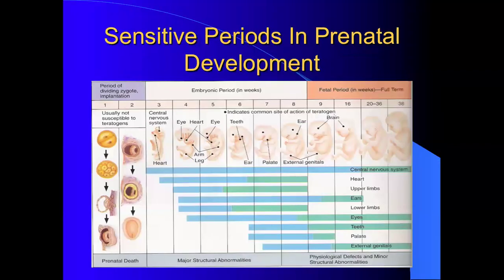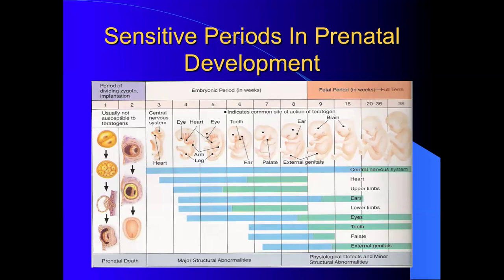So it's important to talk about when teratogens have their most pronounced effects, right? The most pronounced effects for teratogens are during the embryonic period. Weeks 2 through 8 are the greatest risk for teratogens. Why not the zygotic period?